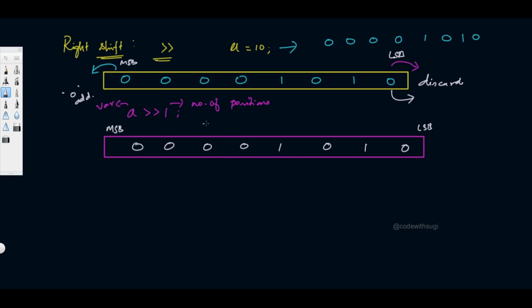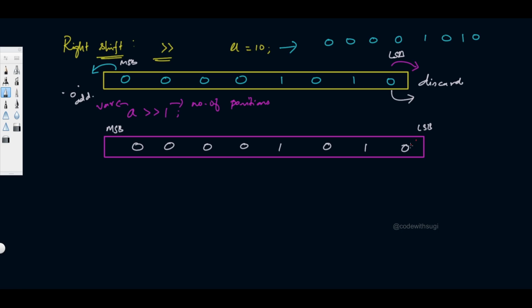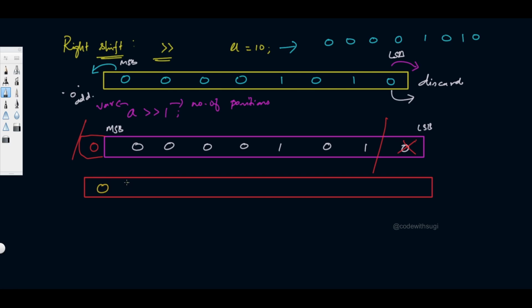In this example, we are going to do one position right shift. If you are doing one position right shift, then obviously this value will get discarded. Then in the most significant bit you will get 0. So this is the new value you are getting after one shift right. The new value will be 0, 0, 0, 0, 0, 1, 0, 1.